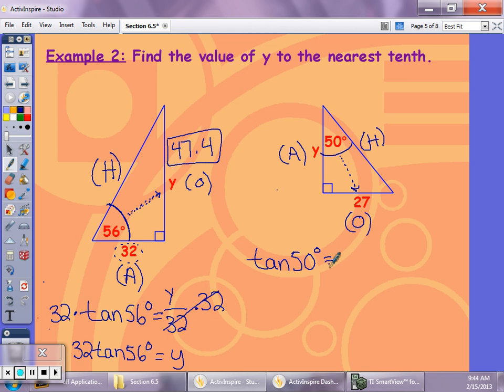We're going to set that equal to the opposite side, which is 27, over the adjacent side, which is y. Now, when you're solving for y, you want to make sure you follow your rules for solving equations.